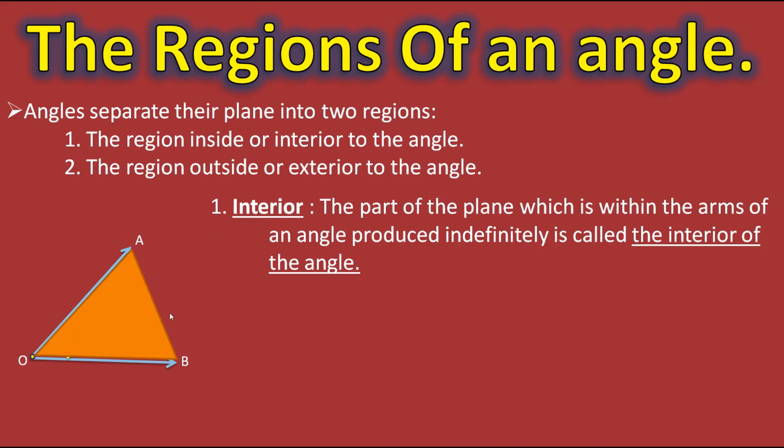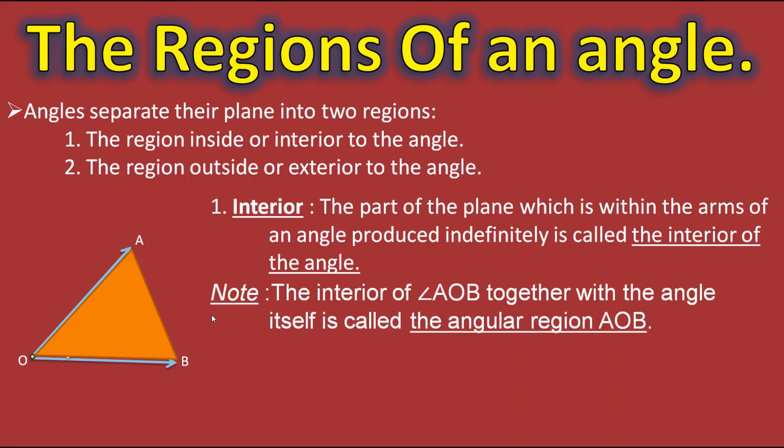Here we have one note, that is the interior of angle AOB together with the angle itself is called the angular region AOB. Okay. So there is a difference between interior and angular region, that is the interior is this much only. When we add this angle, that is called the angular region AOB.